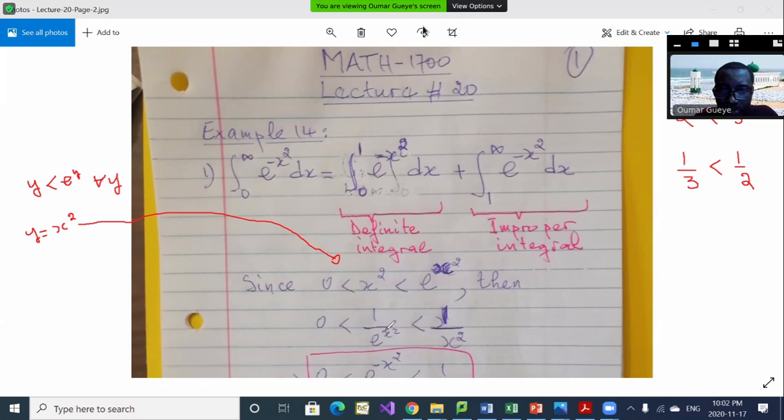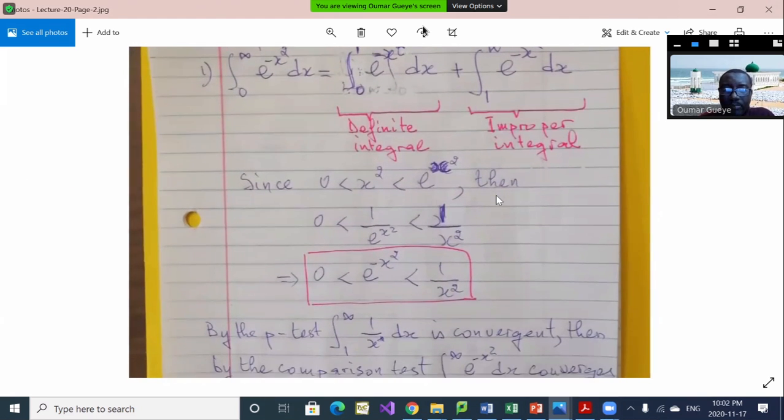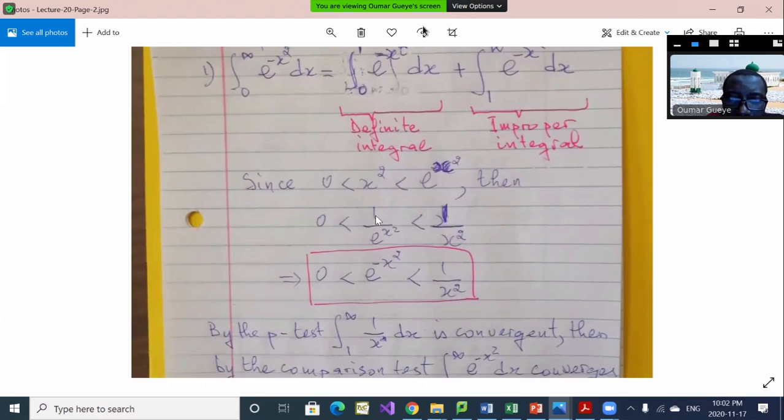And if you take this denominator here, you send it to the top, you will get exactly this function. And that's what we did. I took this and sent it to the top. It becomes e to the power negative x squared.